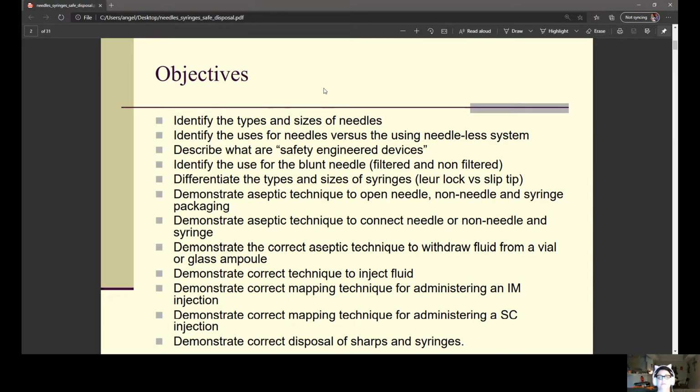Now, injections are pretty simple. It's clear cut. You draw up the medication, you clean the site, find the correct area, and so forth. But I always like to have all of my supplies laid out.